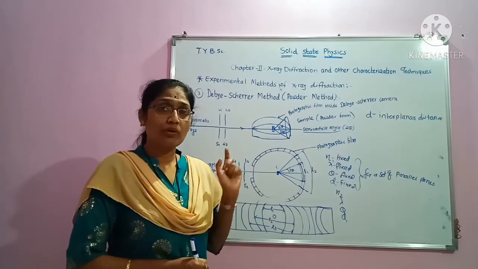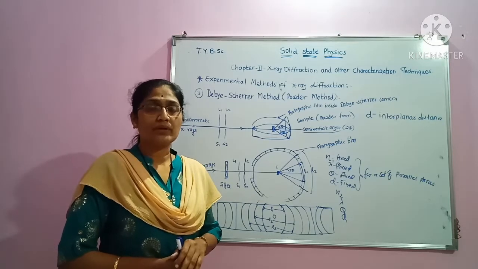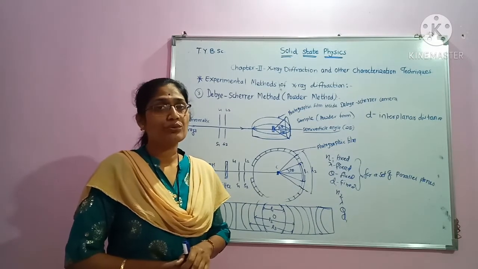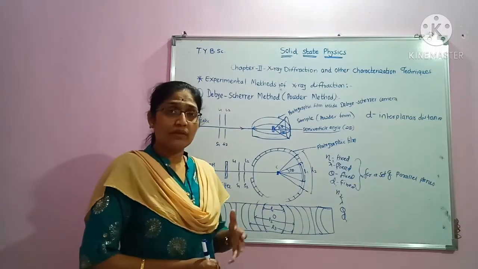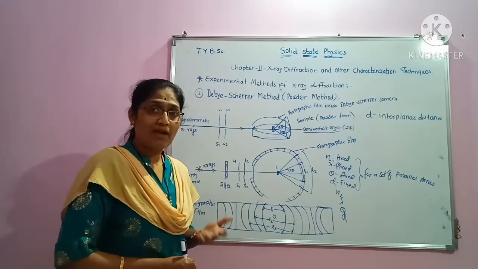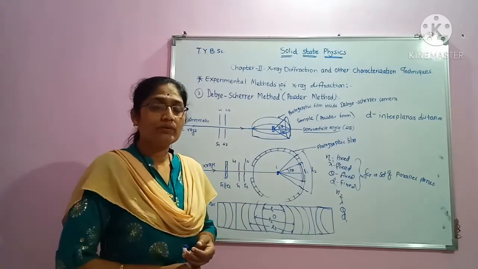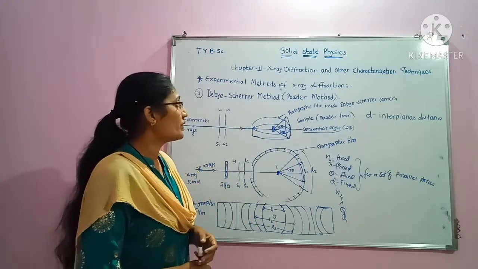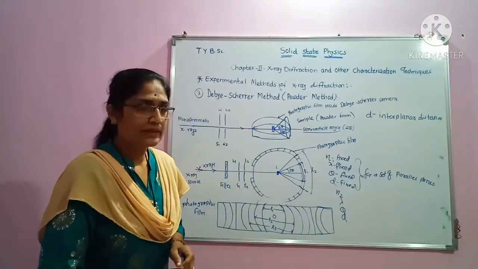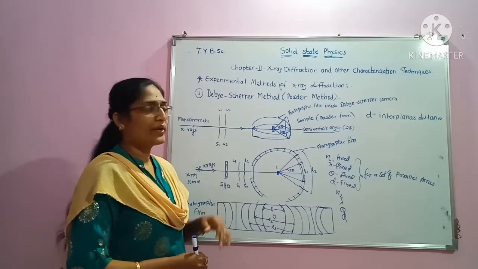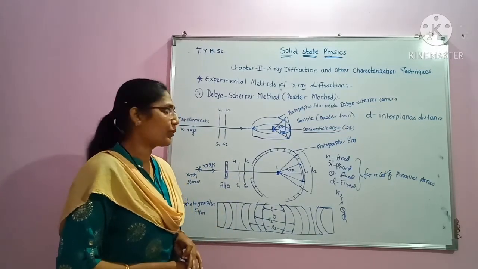In the Laue method and the rotating crystal method, there is a compulsion that the material under investigation should be in single crystalline form. So in order to study the various materials available in the world, there is a necessity for a simple method for polycrystalline materials, and that method was invented by Debye Scherrer, hence it is named the Debye Scherrer method or powder method.